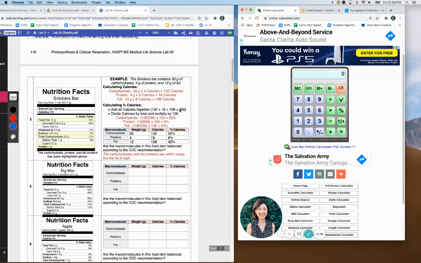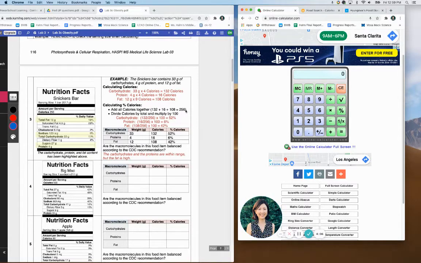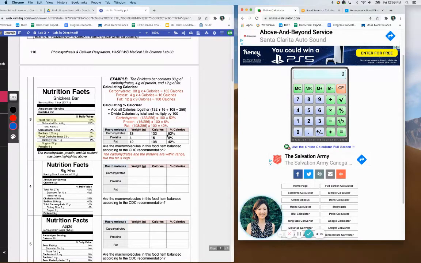Then they take the calories of the carbohydrates and divide that by the total, 256, and multiply it by 100, and they get 52%. Same thing, you take the calories from the protein, divide it by the total, which is 256, multiply it by 100, and you get 6. And fats is 108, divided by the total, 256 times 100.